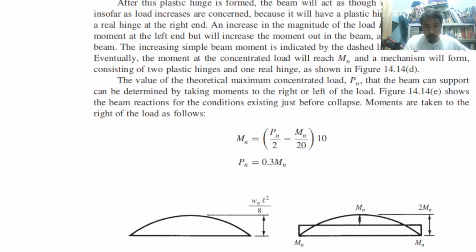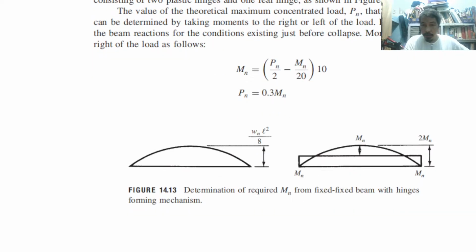So if we proceed with the same explanation, theory: determination of required Mn from a fixed beam with hinges forming a mechanism. Okay? So for example, you have that. What will happen?